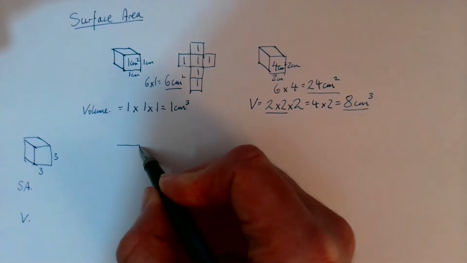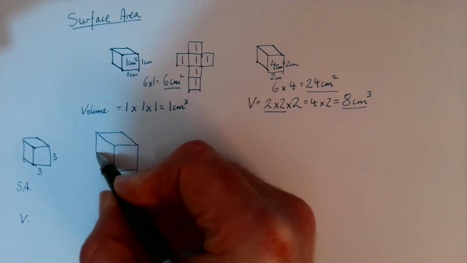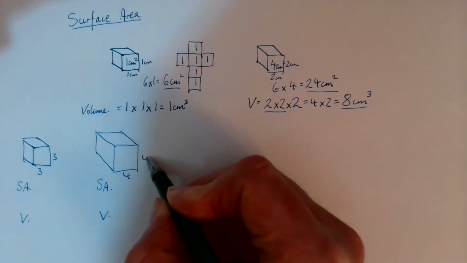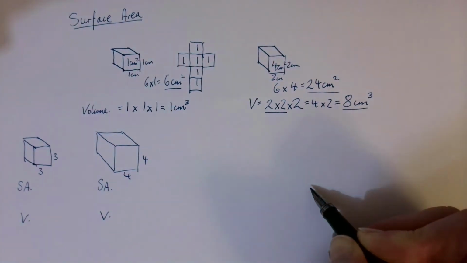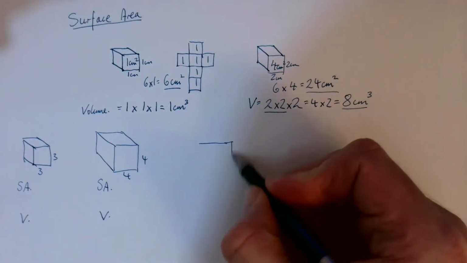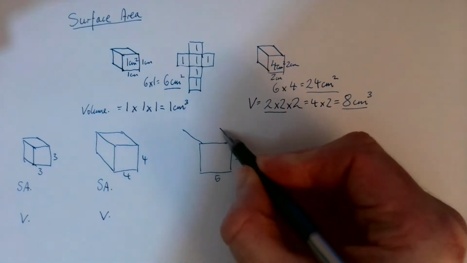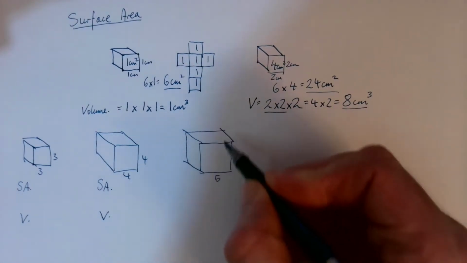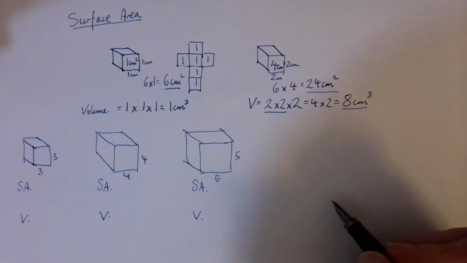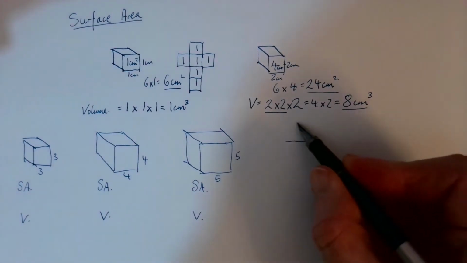I would like you to have a go at doing 4 by 4 by 4, surface area and volume, if it's a 4 centimeter cube. Let's keep going and let's do a 5. I'm just going to draw them as if they're the same size, but you get the idea. Surface area, volume. You'll need to do a little bit of calculating, but not that much. Then give 6 a go.